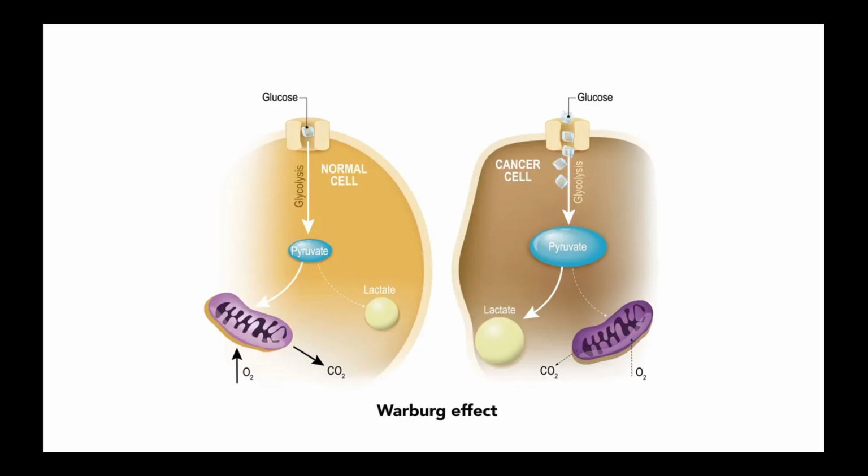Earlier it used to be assumed that the cancer cells get energy the same way, but later it was found that instead of going towards oxidative phosphorylation and the electron transport chain, the pyruvate actually makes lactate.